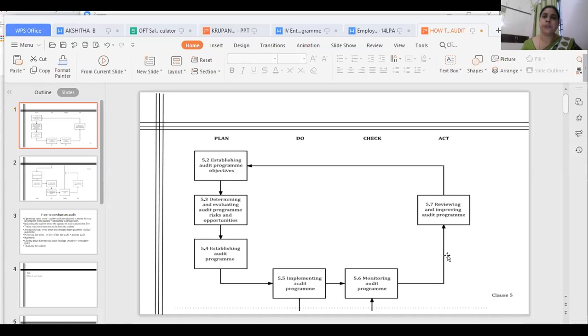Then I had to separate the audit process: a different process for pharmacy, a different process for degree college, and a different process for nursing. This is called acting on your own audit process.